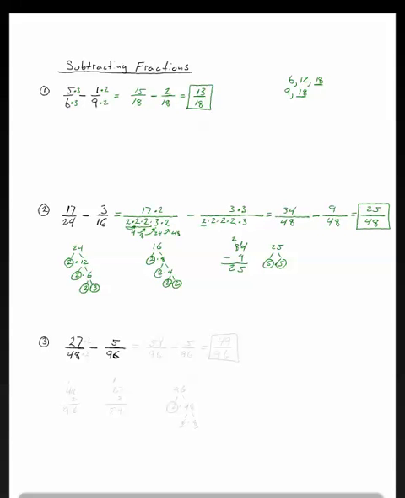In our last example, number 3, we've got 27 over 48 minus 5 over 96. And you may think to yourself, I'm going to have to use prime factorization. The first thing I would do is find some multiples of the first denominator, 48, just to see if we really have to use prime factorization.